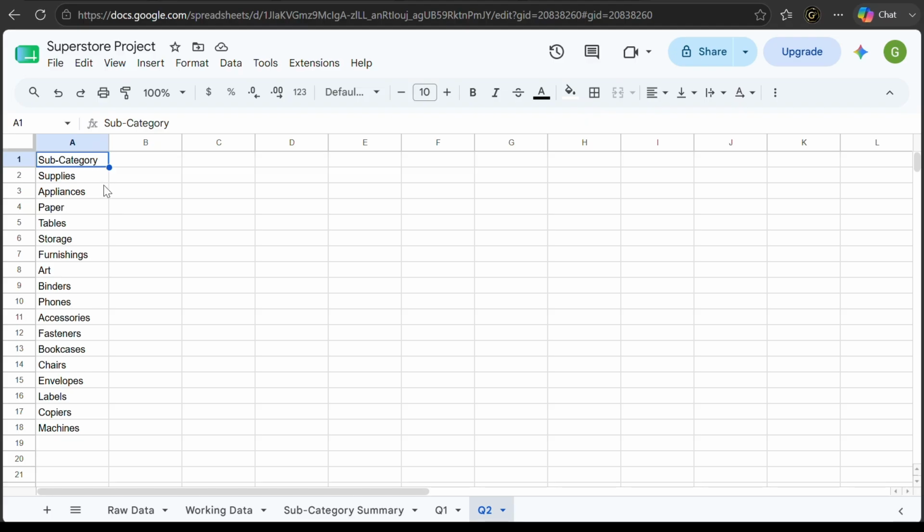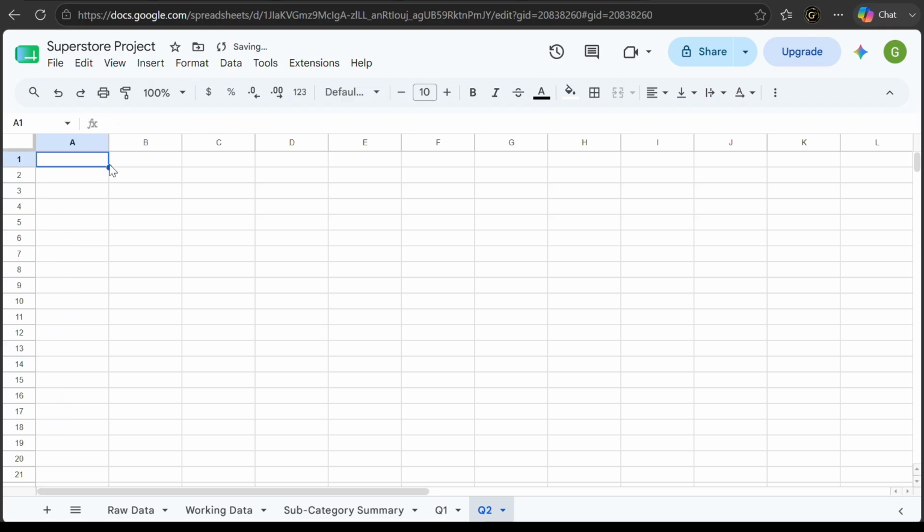First I'll press Control Z. Let's see, how do we go about this? How did I do it in my other data sets? How did I copy all the values?